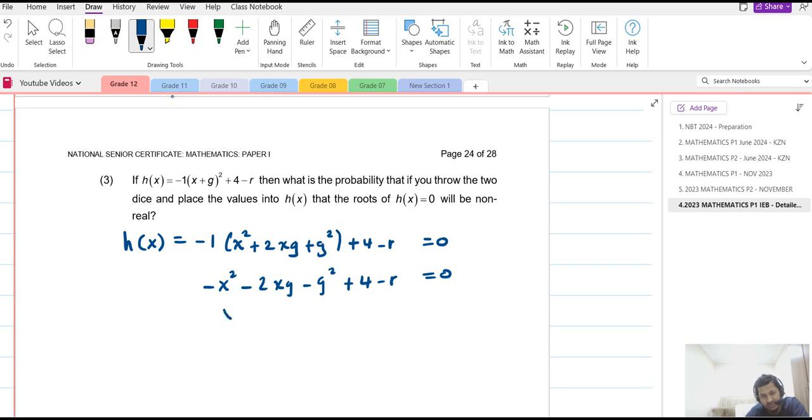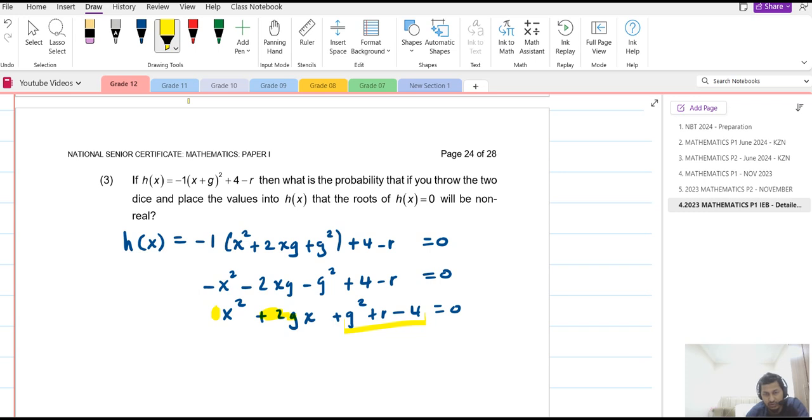In standard form, x squared plus 2gx plus g squared plus r minus 4 is equal to 0. So I can see my values of a, b, c.